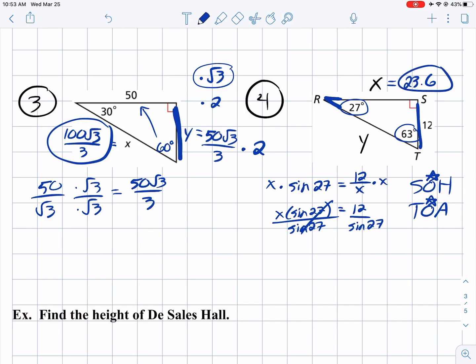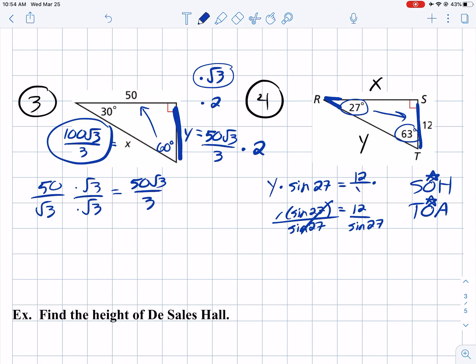Great. Now we need to find the hypotenuse now. I'm sorry, guys, let me fix that really quick. Sine is opposite over hypotenuse, so you were actually solving for y here. My apologies.